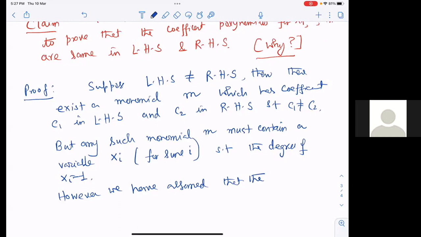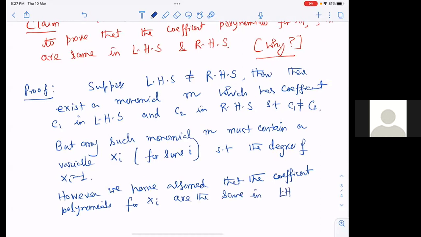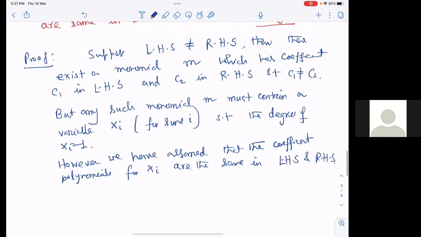However, we have assumed that the coefficient polynomials for xi are the same in LHS and RHS. That's a contradiction. Very good.